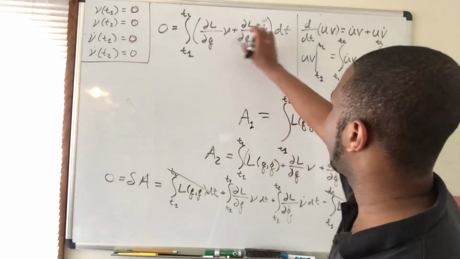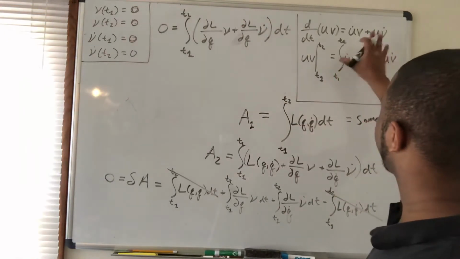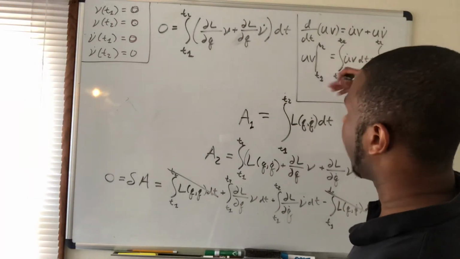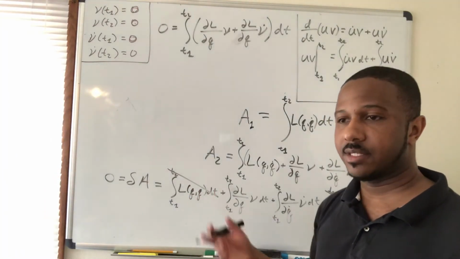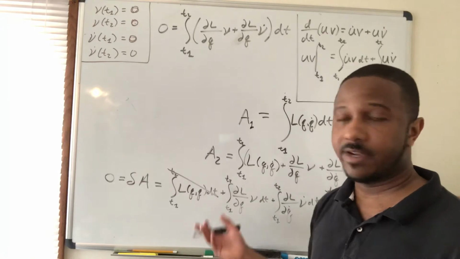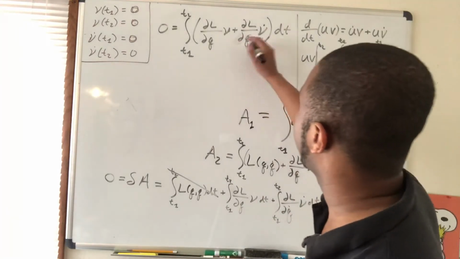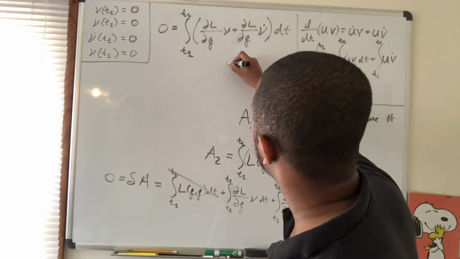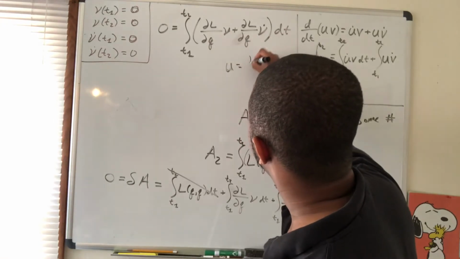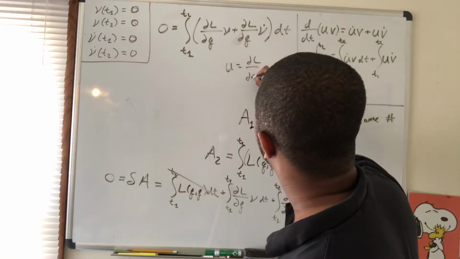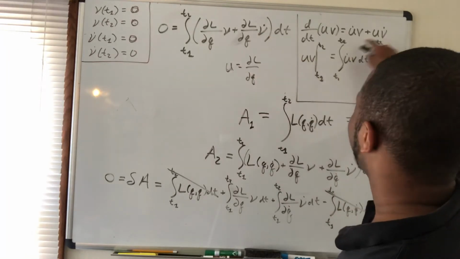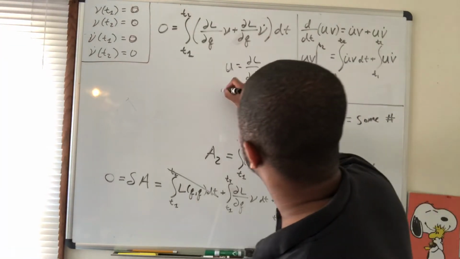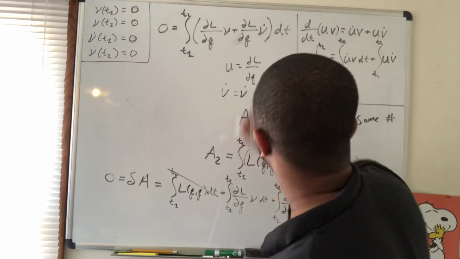We're just looking at this form and seeing that all it is is calling something B instead of A, just a change in what you're calling the variables. So what if we said that U is equal to this? And what if we said that V dot is equal to V dot? So V dot is equal to V dot.